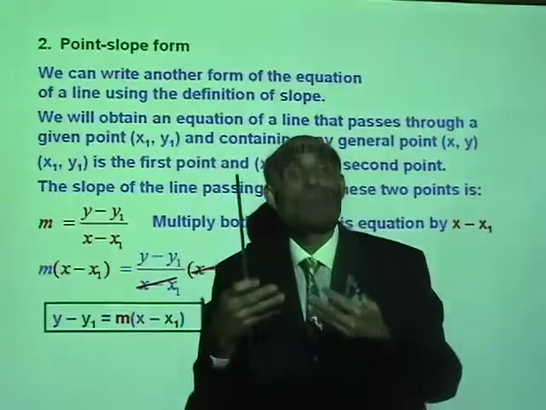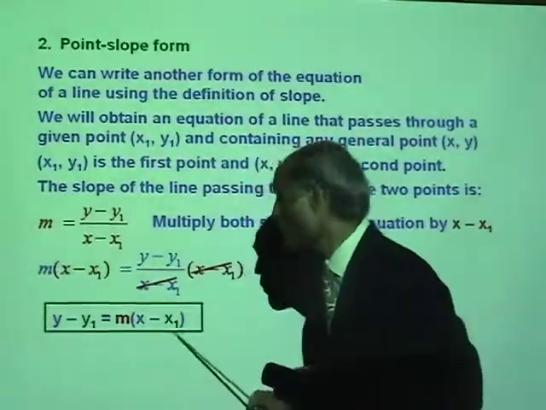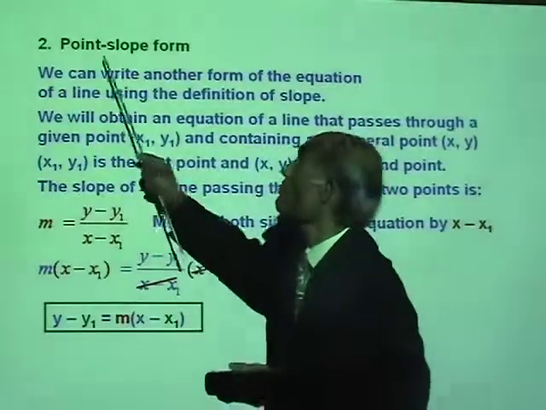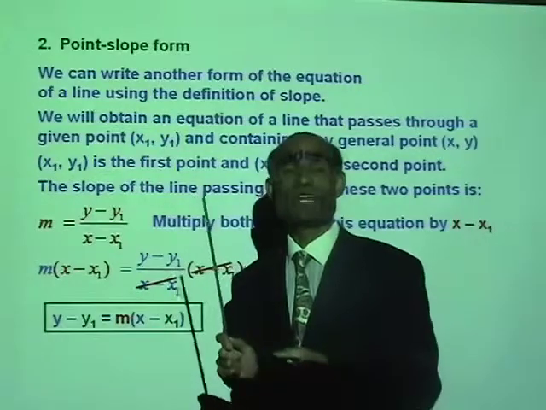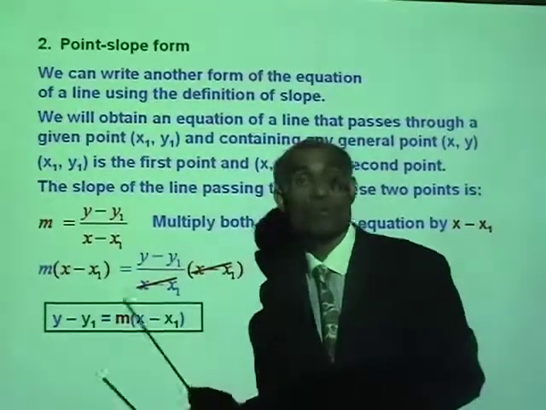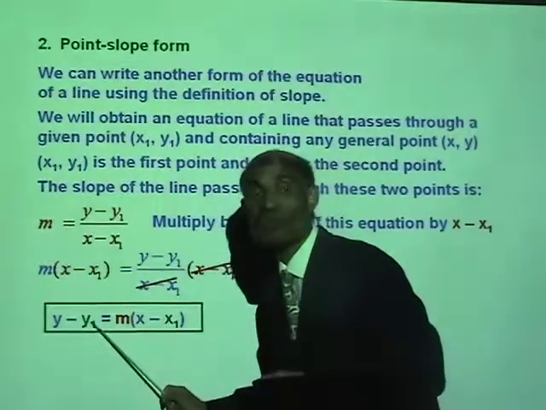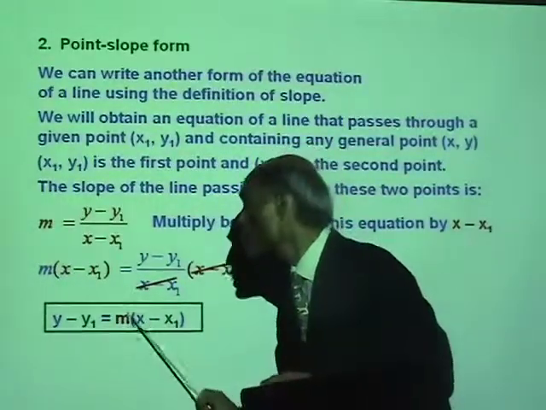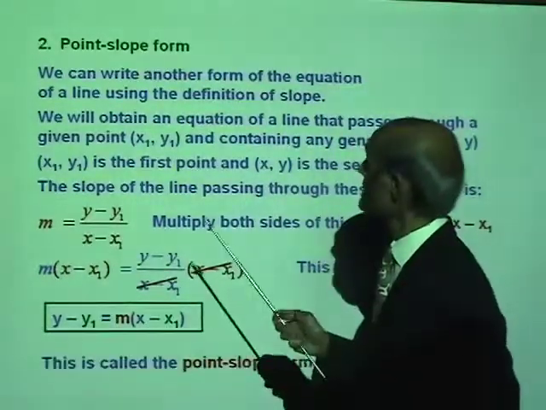It will be part of the equation. So this is the form of the equation called the point-slope form of the equation. It is called point-slope because you are given a point (x1, y1), and the slope also is given.